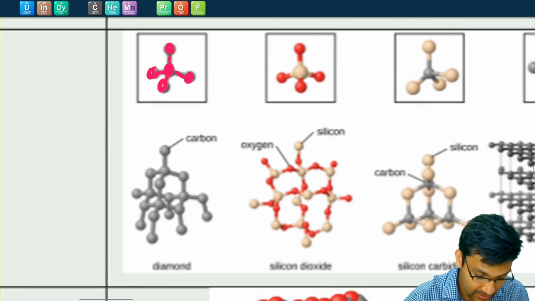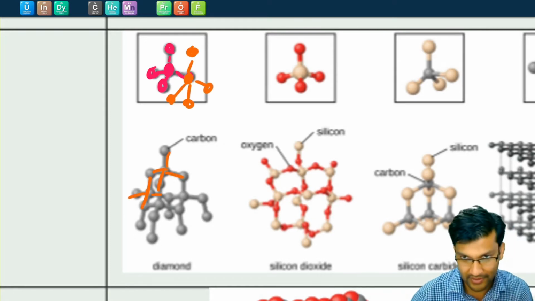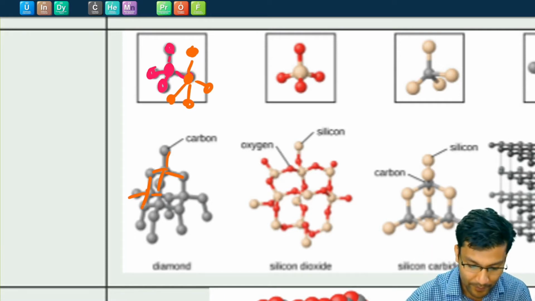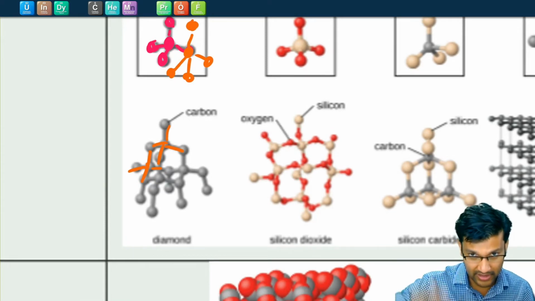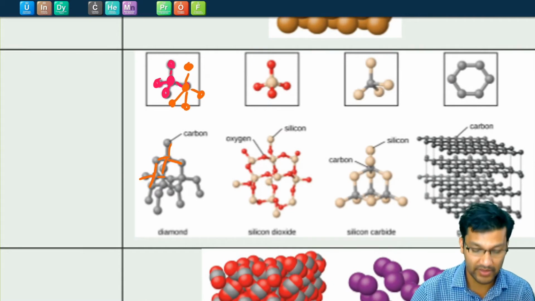This new carbon, let's highlight it orange now, would also be bonded to 4 other carbon, and basically every carbon is bonded to 4 other carbon, and so you get an infinitely, well, not infinitely because it must end unless you have an infinitely large diamond, but you have a very, very large crystal in which the pattern keeps repeating over and over. And remember, crystalline structures are ones that have a repeating pattern.